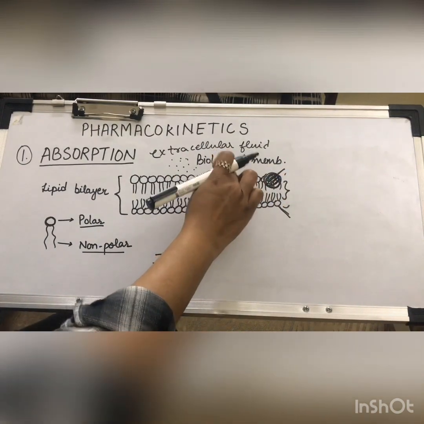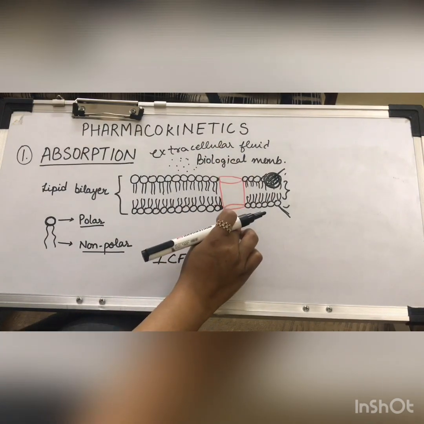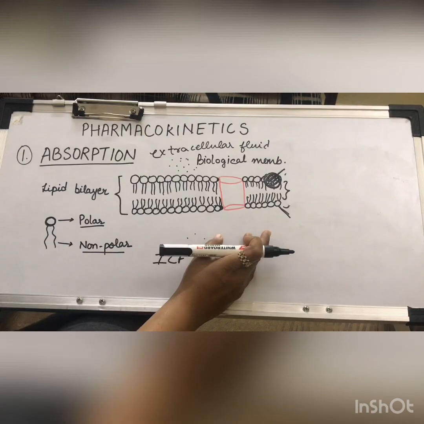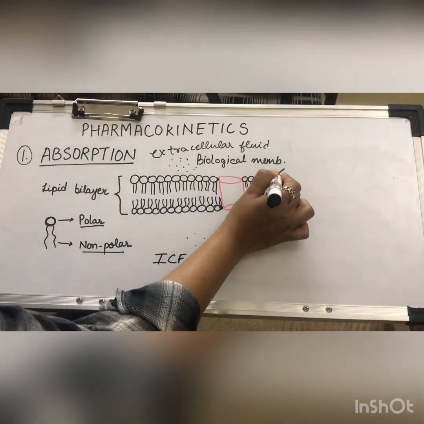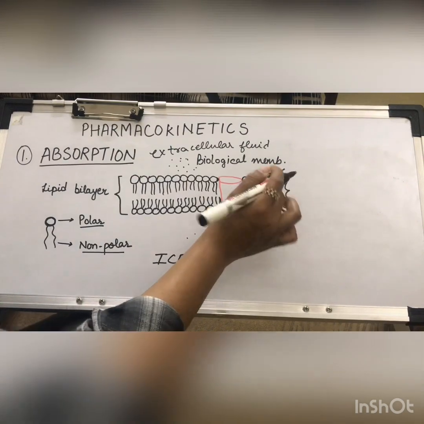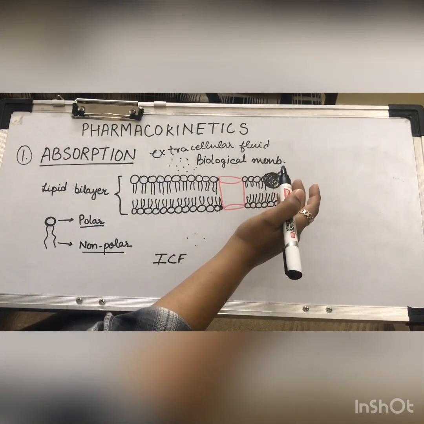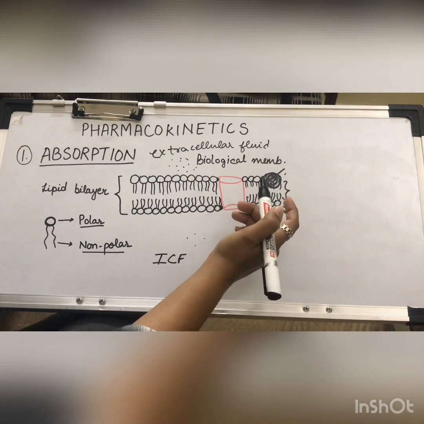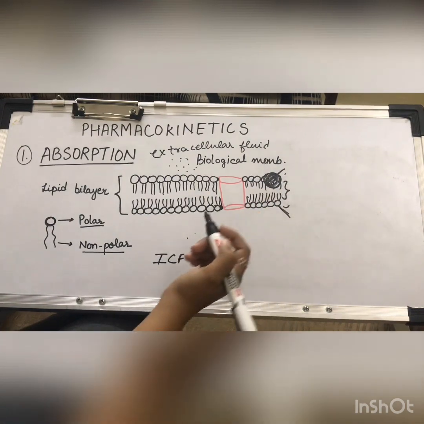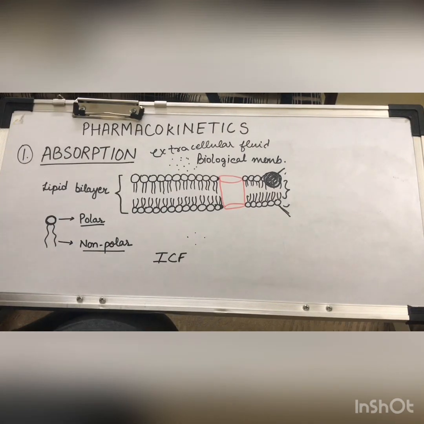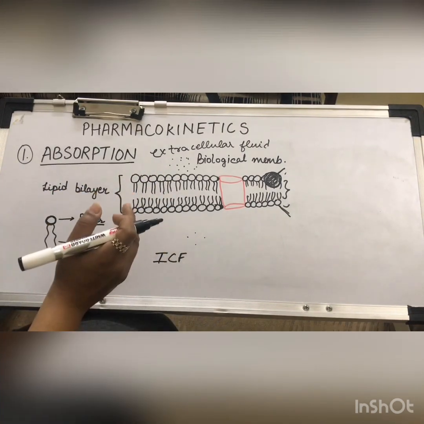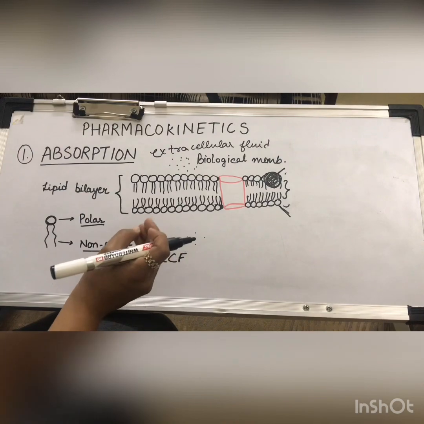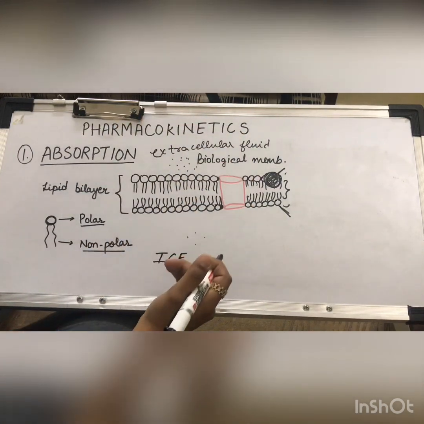Because intrinsic proteins are tunnel-like, they can function as carrier proteins and transport channels, whereas extrinsic proteins, because they are on the surface of the cell, can function as receptors, antigens, recognition centers, etc. Now these proteins are involved in the transport of drugs across the membrane.